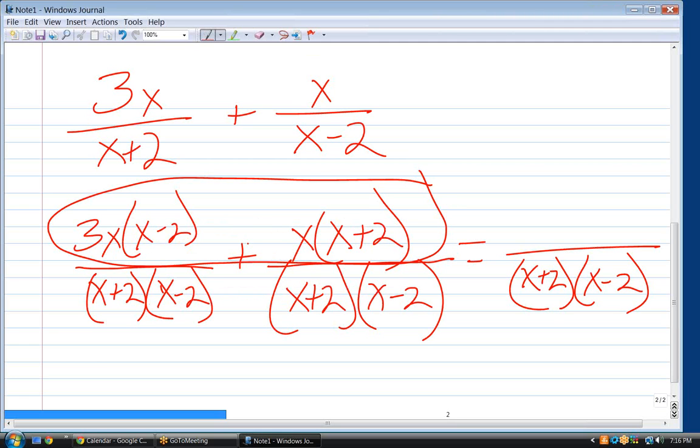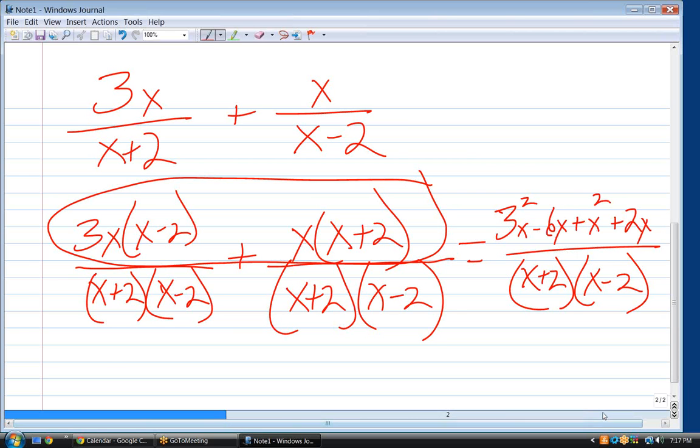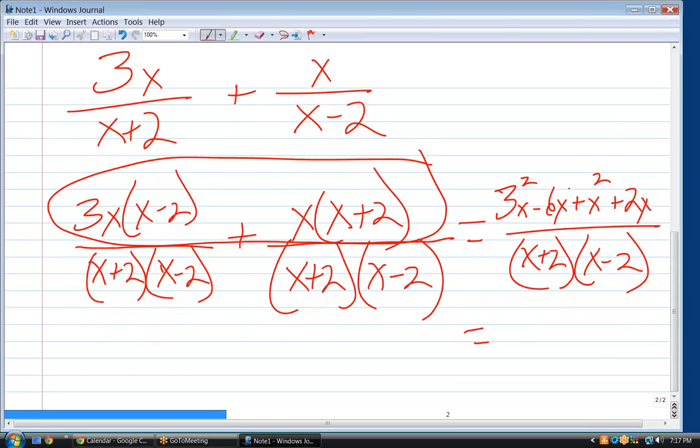So I need to simplify this numerator. I need to distribute that, I need to distribute that, and I need to add them all together. So let's start by distributing the left. And I'm going to add to that x squared plus 2x. You with me? Okay, so we'll simplify this.